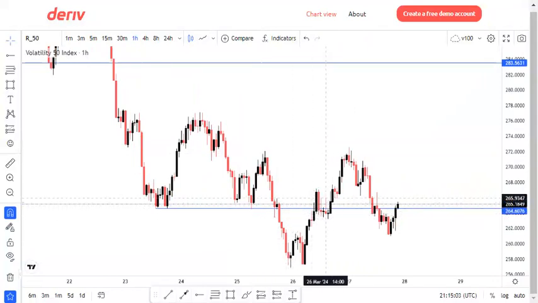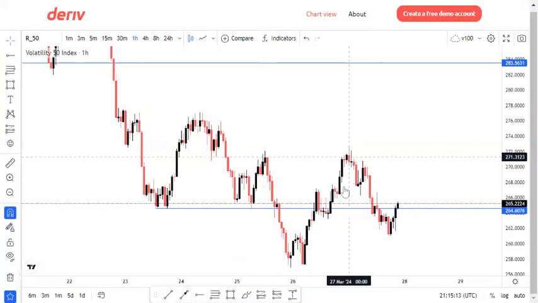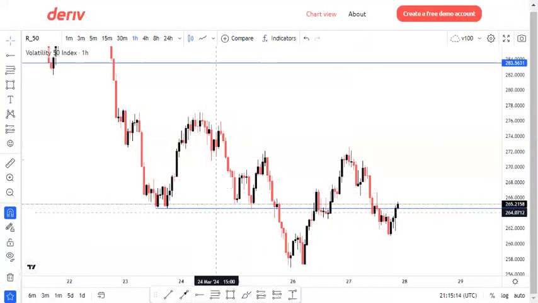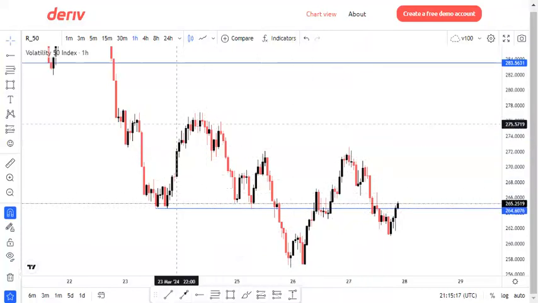But this was not the sweet spot of selling this market because sometimes the market can come inside and retest and then move. So we need to know the general structure of the market, referring from the bigger time frames, which will help us to know where the market will go.